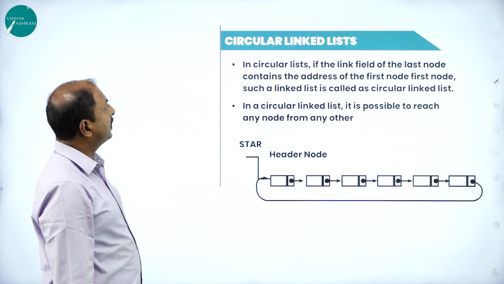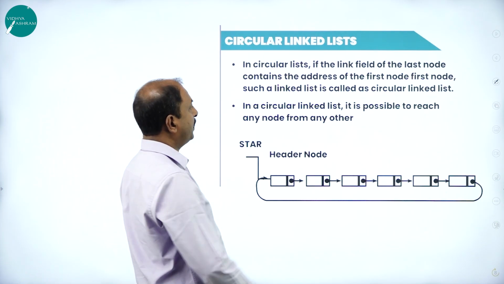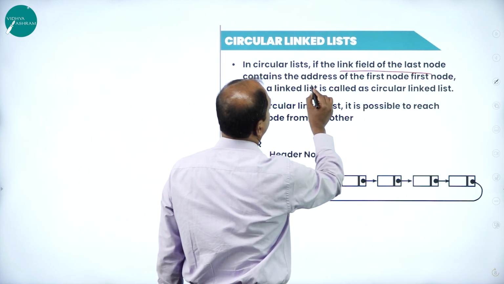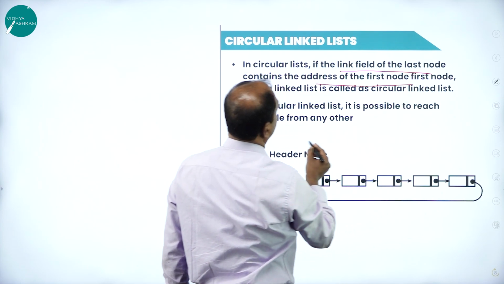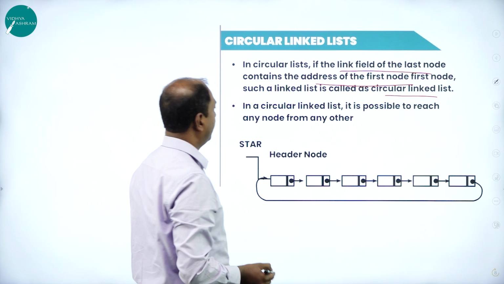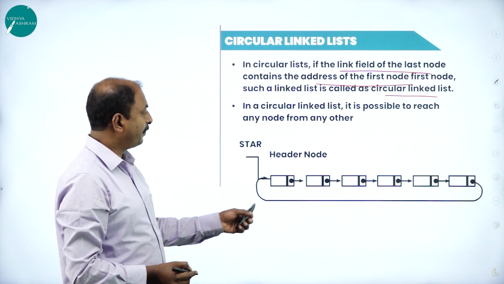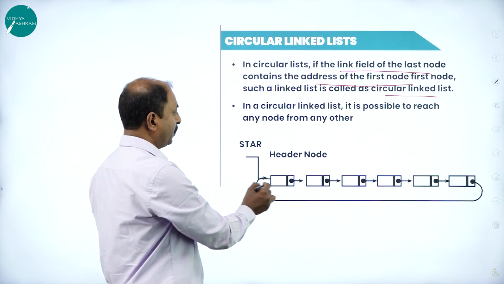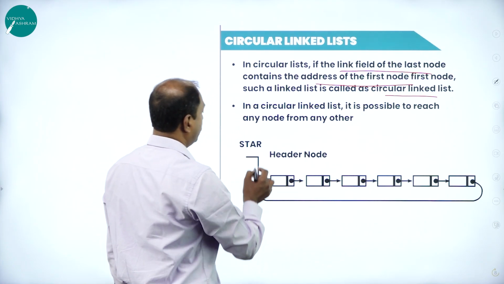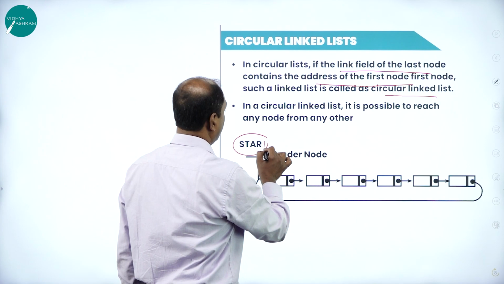Next one is circular linked list. Here, if the link field of the last node contains the address of the first node, such a linked list is called a circular linked list. So look at this example here. This is a node and this is a linked list, and these are different nodes, and start is the pointer.